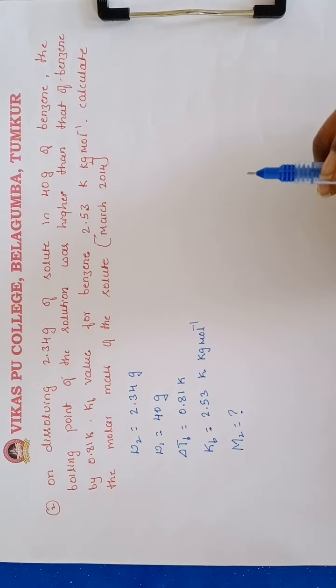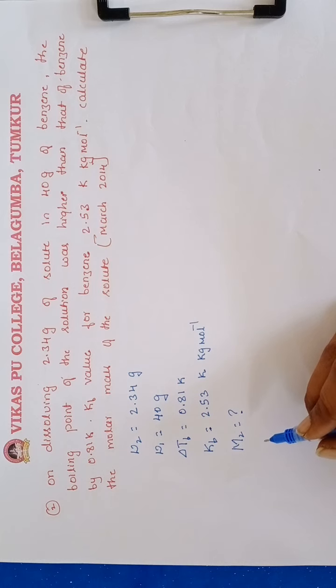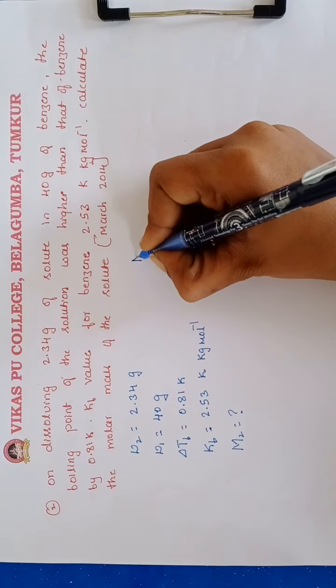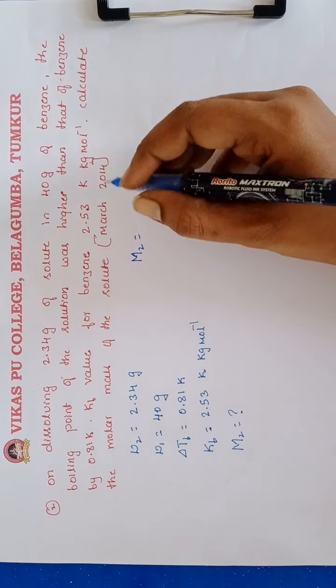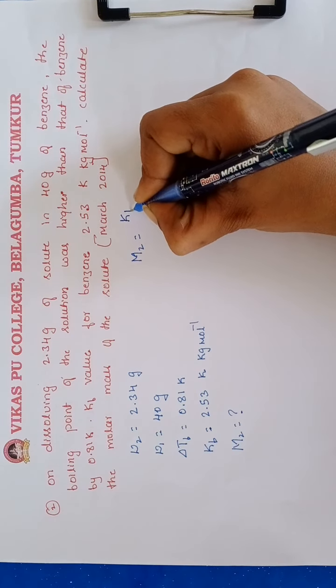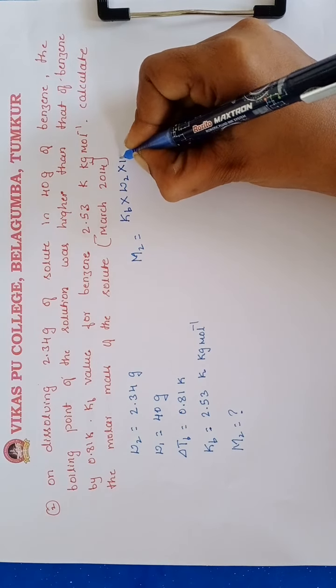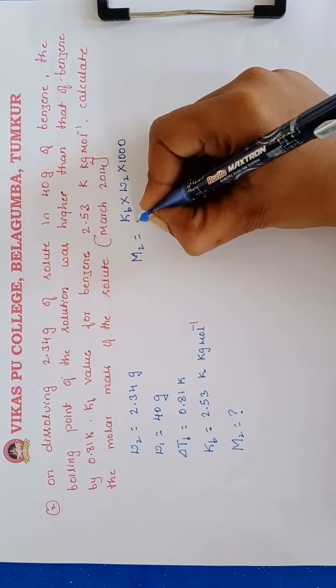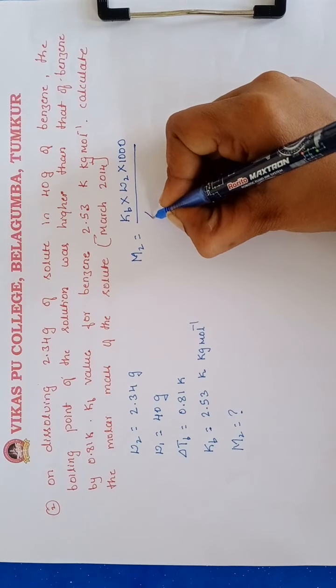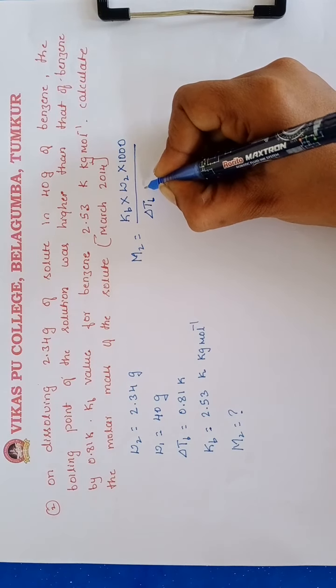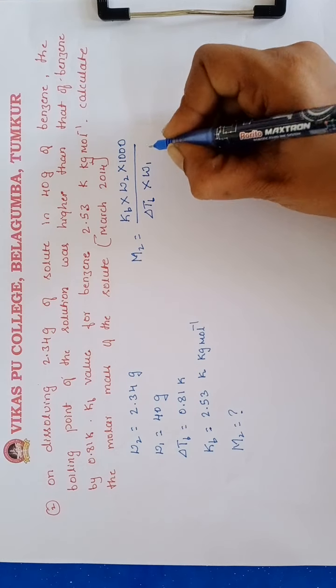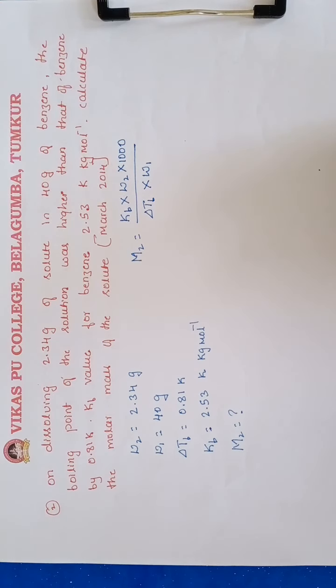Now we know the formula which is used to calculate the molar mass of the solute is M2 is equal to Kb into W2 into 1000 divided by delta Tb into W1.